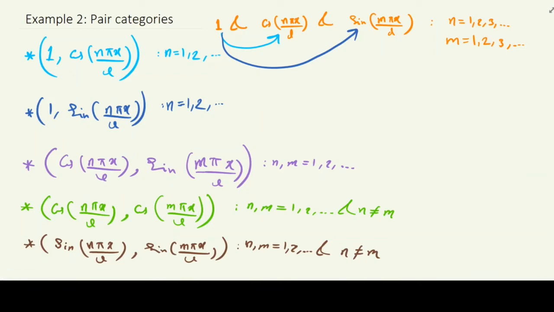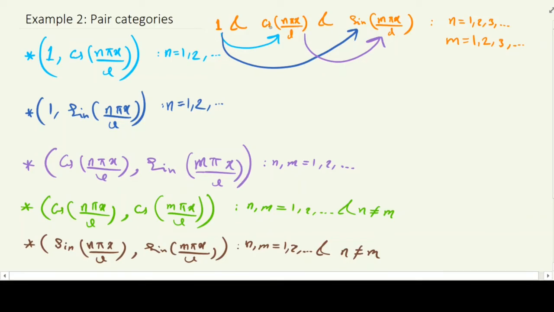So the next scenario is going to be the case that you pick one of the functions from the cosine family and the other function from the sine family. So for that, you're going to have the inner product of cosine of an integer times pi x over L and sine of a completely independent integer times pi x over L. So for this scenario, n and m are positive integers and they can even be equal, because they're coming from two different families, right?